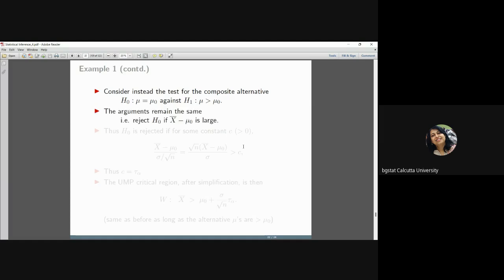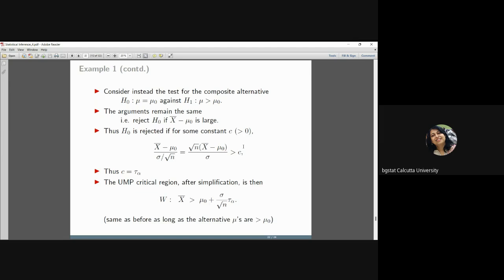It can be shown that this test we just spoke of is the NP test for this situation. Now, suppose that we replace the hypothesis by the composite alternative mu greater than mu naught. Then by the same logic, you can show that c still has the same value, which is mu naught plus sigma by root n times tau alpha.